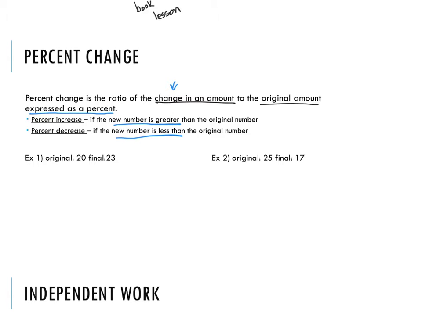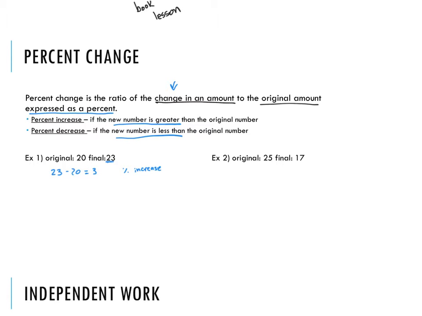The first thing you're going to do is subtract the original amount from the final amount. So in this first example, I have 23 minus 20, which is 3. Now, since my final amount is greater than my original amount, this is clearly going to be a percent increase problem. I'm just keeping that in the back of our minds as we go forward.